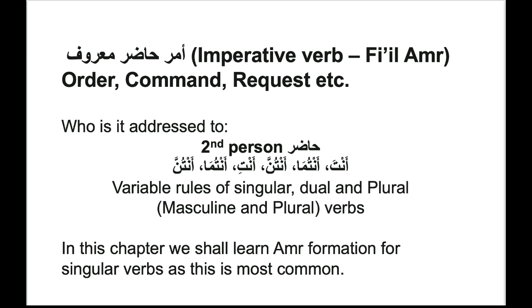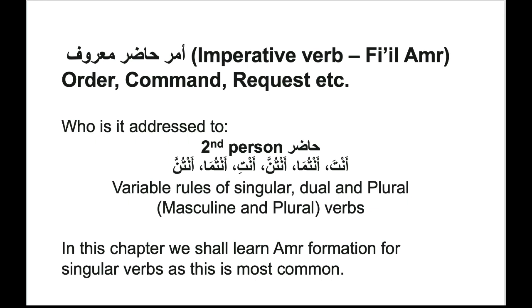Naturally, these six pronouns or damir are who the imperative verb is addressed to: anta, antuma, antum, anti, antuma, antunna. You singular male, you dual male, you all male, you singular female, you dual female, and you all female.